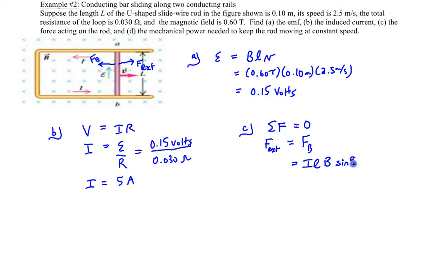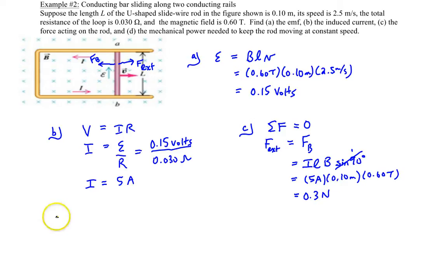That's a 90-degree angle, and sine of 90 degrees is 1. So substituting in, we have a current of 5 amps. We have the length of the bar given as 0.1 meters, and the strength of the magnetic field as 0.6 teslas. And this gives you an answer of 0.3 newtons that you would have to apply.